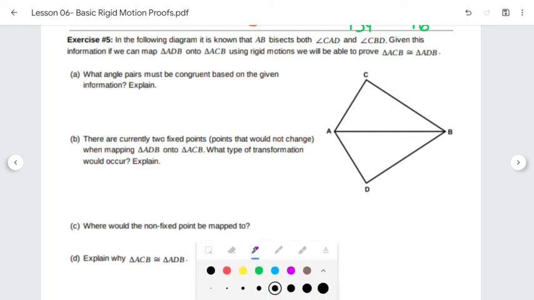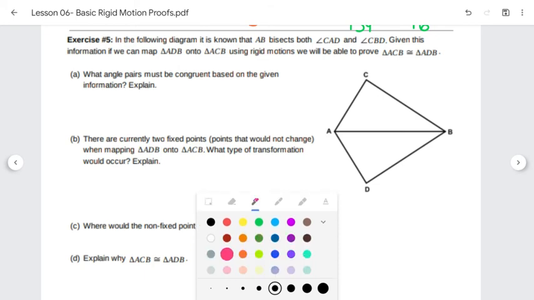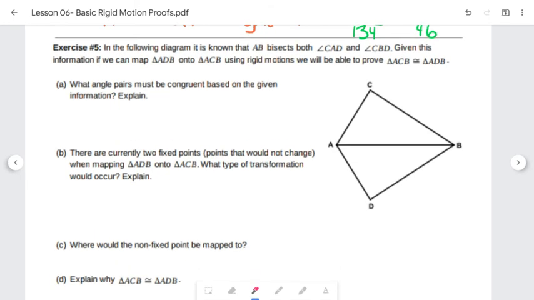So in this case, it says what angle pairs must be congruent? Well, AB is bisecting both of those angles. So we have angle CAB is going to be congruent to angle DAB.